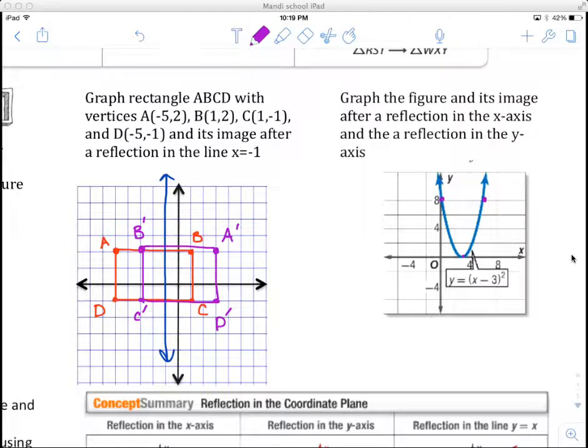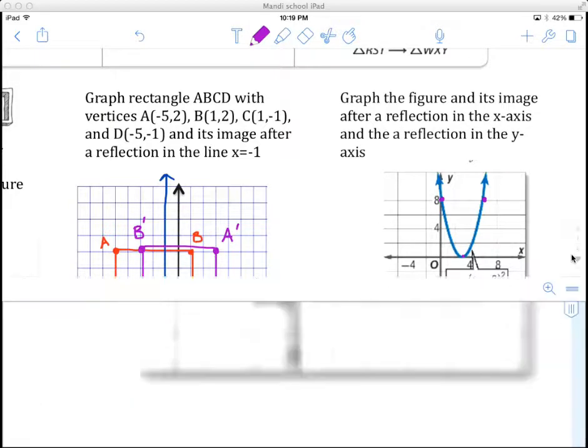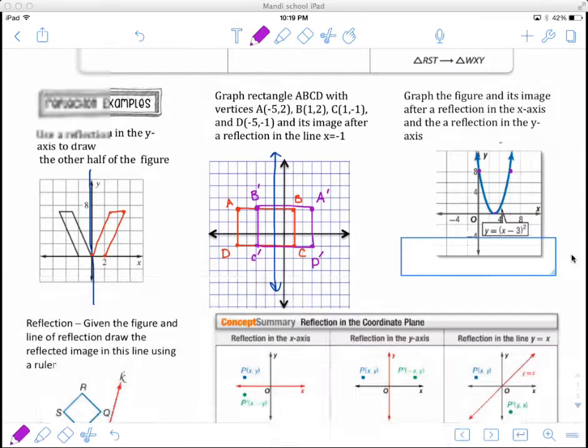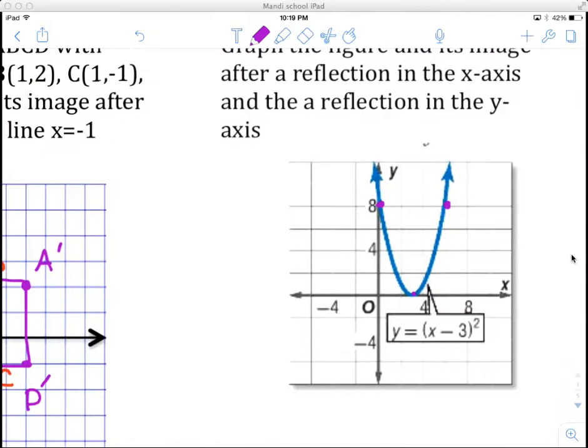So when I reflect that upside down, I want it to cross at -8. I want it to cross again at 6, -8. And so this is your first transformation. So that was the reflection in the x-axis.